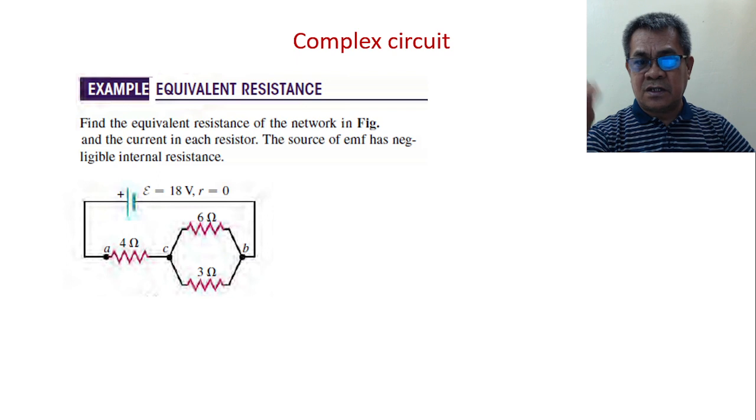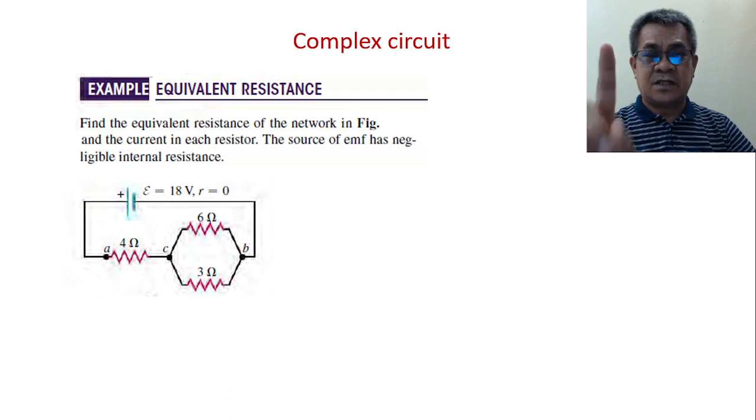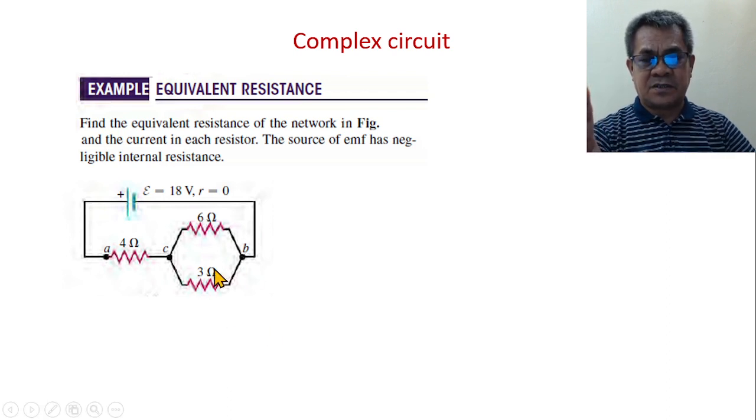Remember, for two resistors, the product of the two divided by the sum of the two, the answer is the equivalent resistance of these two resistors. And that equivalent resistance is in series with 4, which means that since they are in series, then we can add the two resistors, and the answer is R equivalent.